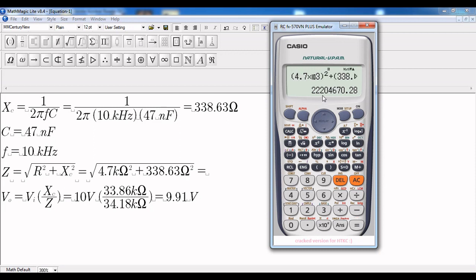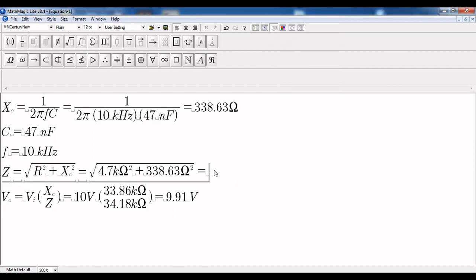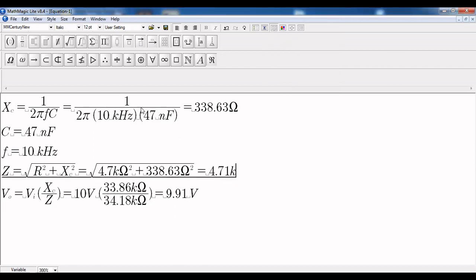Let's double check what I was doing a while ago. 4.7 plus 338.63. So yeah, this would be correct. Then the square root of the answer: 4.71 kilo ohms. Okay. Then we're going to use this for getting the voltage output.